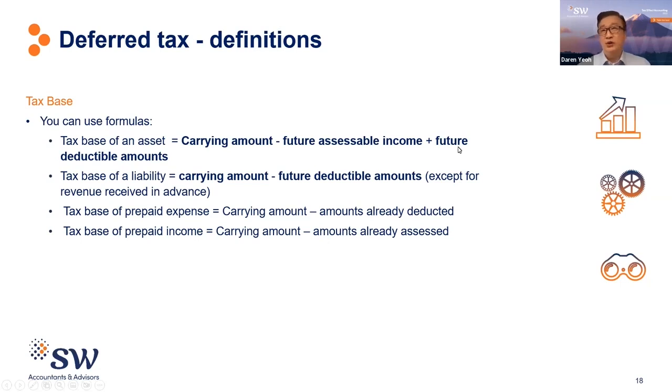And then you add the future deduction that you'll get from those assets. For the tax base of the liability, you start with whatever you have on your trial balance, and then you subtract the future deduction that you're going to get when you pay out that liability. And you can also see the formulas for prepaid expenses and prepaid income.